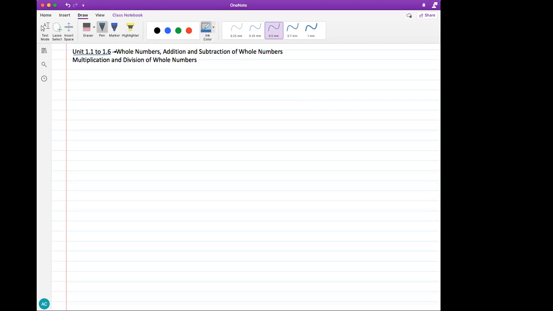This is just to make you comfortable doing the math quickly, manually, instead of using calculators or phones or things like that. So let's first talk about whole numbers, see what they are, and see how to actually write them in word formats.